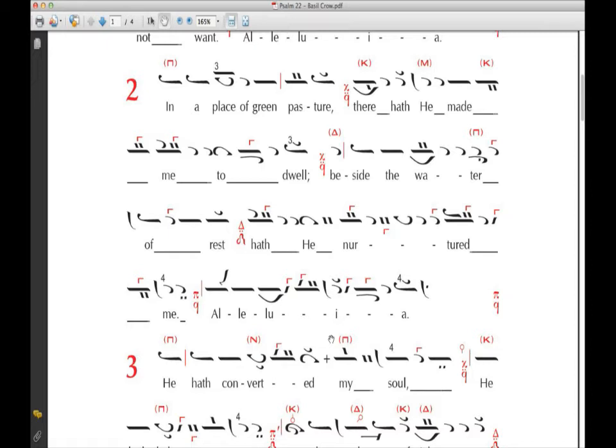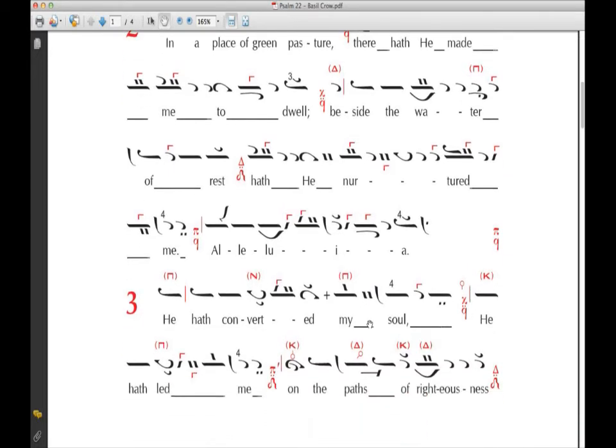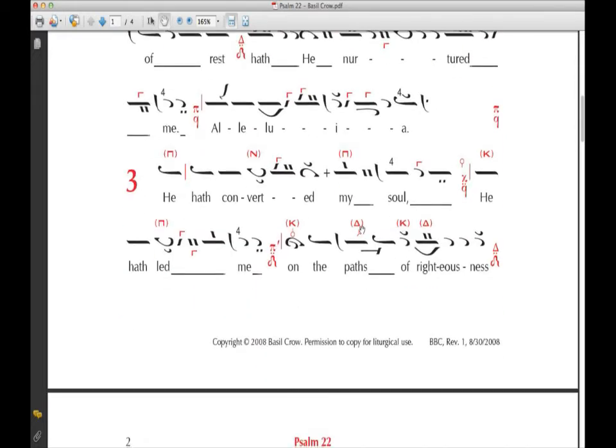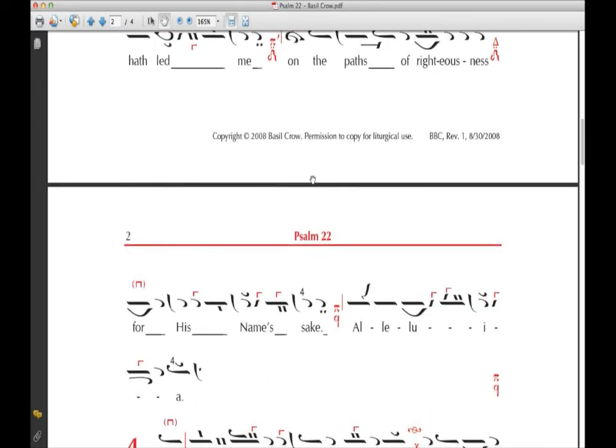Hallelujah. He hath converted my soul. He hath led me on the path of righteousness for his name's sake.